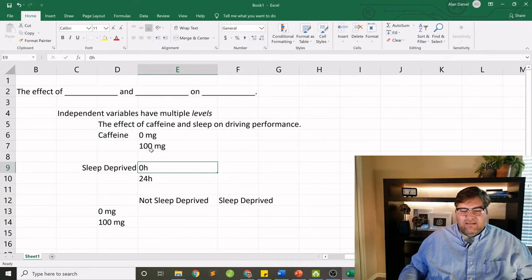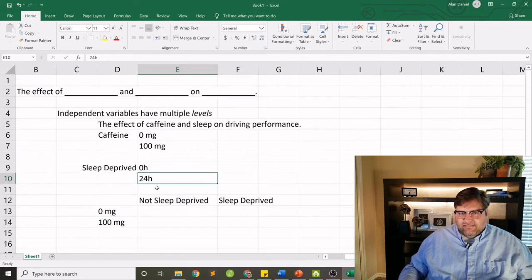Add a little caffeine in there, it's not going to make much difference. 24 hours without caffeine, they're going to do really poorly. We know that from the previous results. However, I think the group with 100 milligrams of caffeine after 24 hours of sleep deprivation will perhaps perform just as well as the ones who had caffeine or no caffeine but no sleep deprivation.